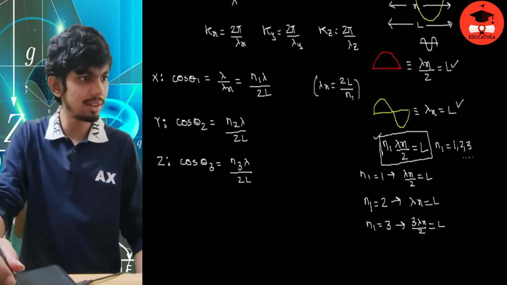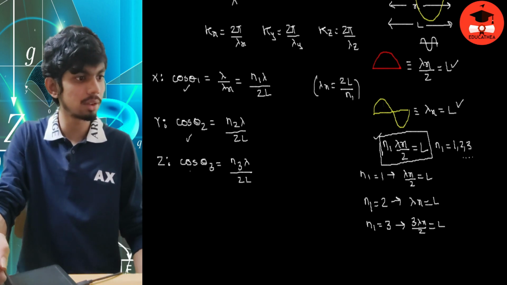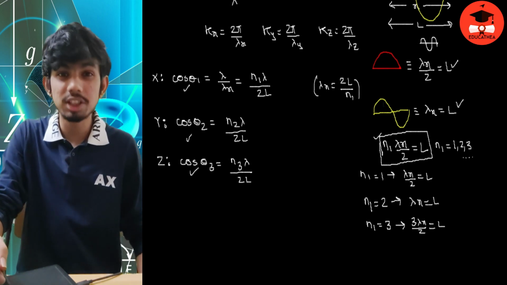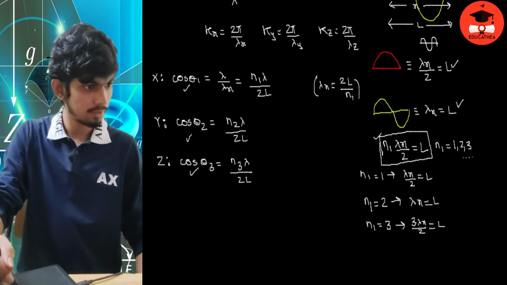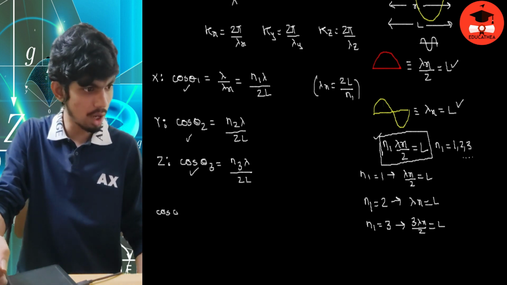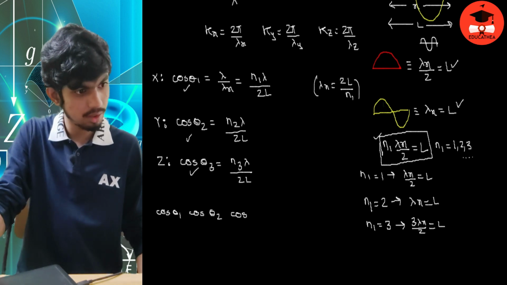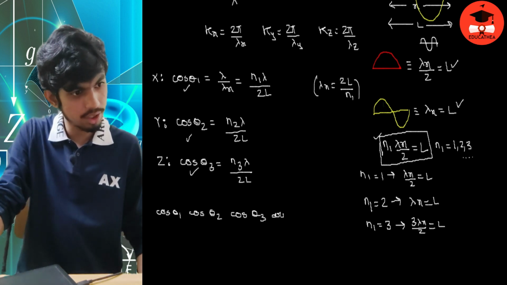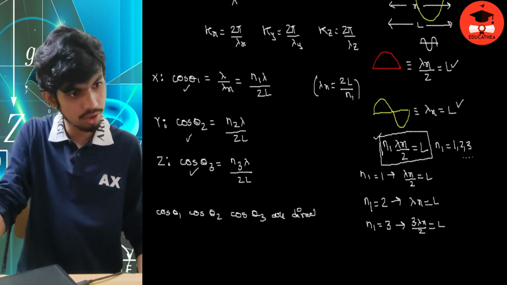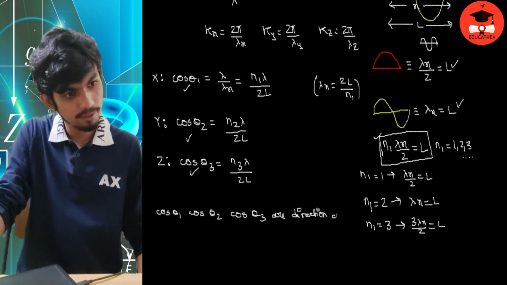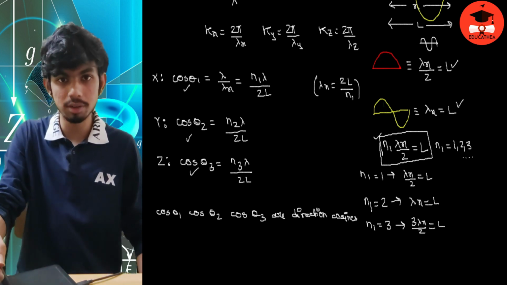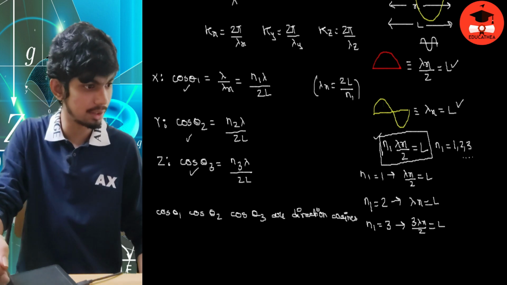Now you see that these cos theta 1, cos theta 2 and cos theta 3 are direction cosines. And we know what the summation of the squares of direction cosines is, right?